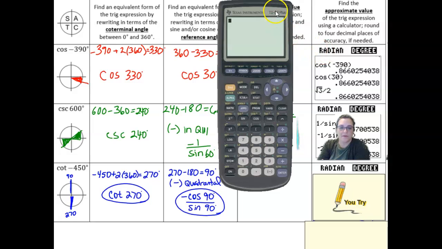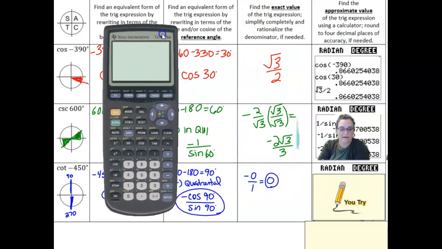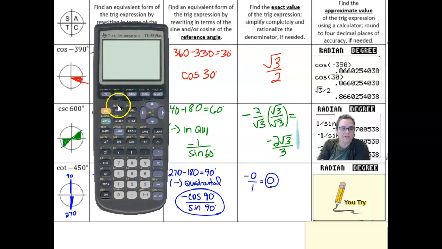Okay, now when we go to evaluate that in the calculator, making sure that we're in degree mode, there's no button here for cotangent, but we remember that cotangent is the reciprocal of tangent, but it's also this quotient identity of cosine over sine. So let's enter it both ways and see what happens.